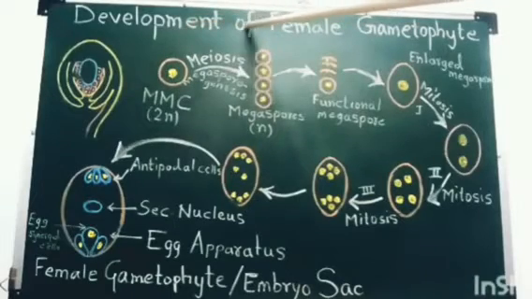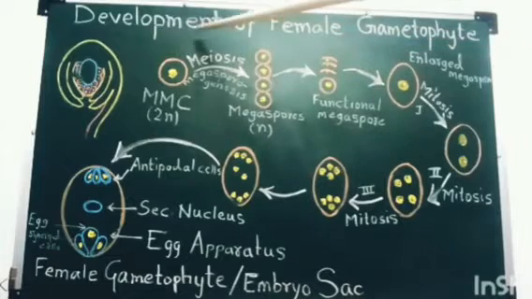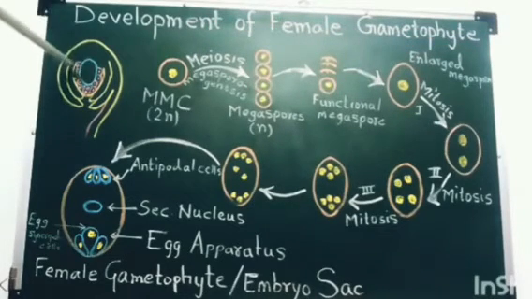Now we'll see the development of the female gametophyte. The development of the female gametophyte takes place in the nucellus. So this part is the nucellus, and these are the diploid parenchymatous cells present in the nucellus. The development of the female gametophyte takes place from these cells.